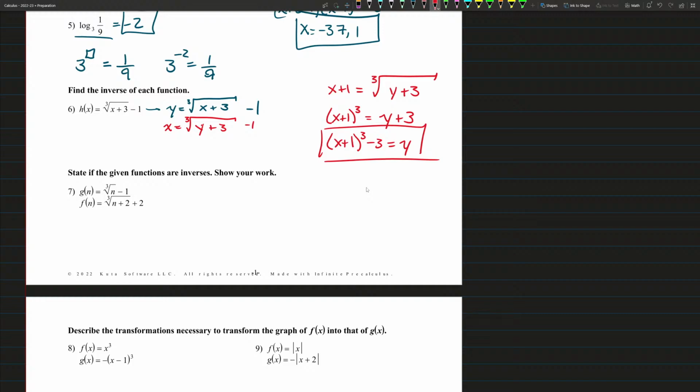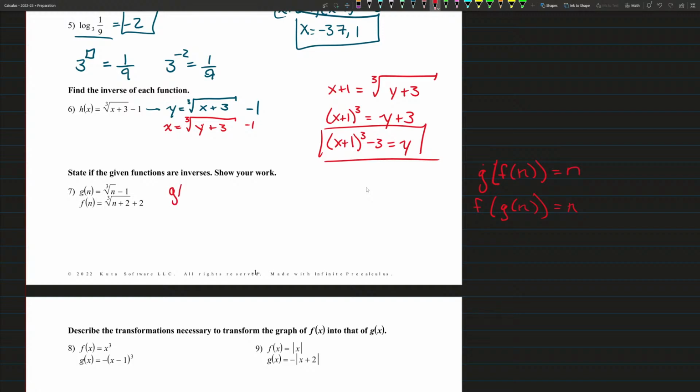To state if the given functions are inverses on number 7, we have to check to see that, in this case, g of f of n is just equal to n. Or we can also do f of g of n. Either one is going to look weird. I'll do g of f of n, right?